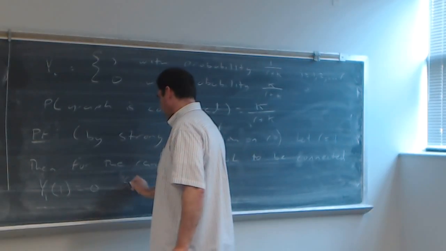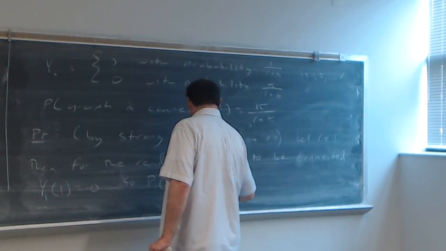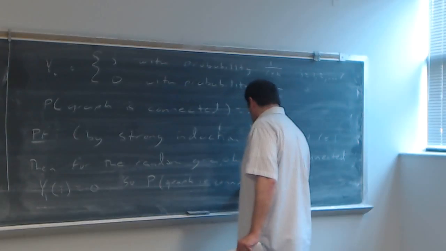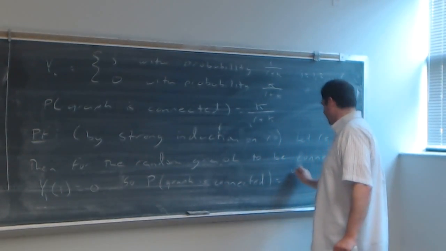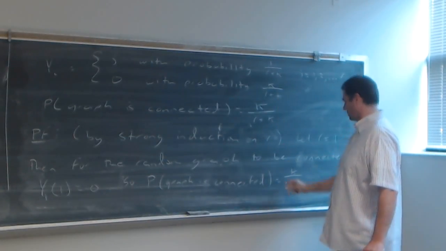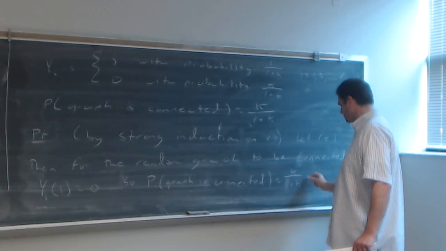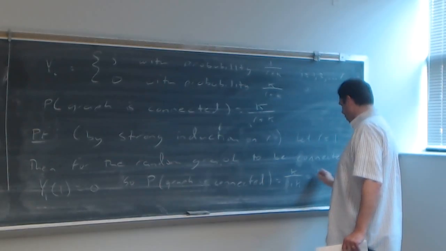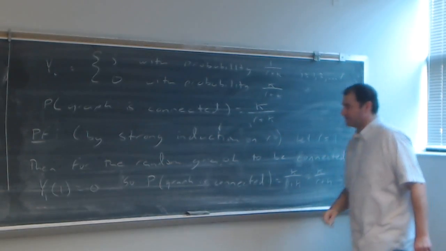So the probability that the graph is connected is K over 1 plus K, which is equal to K over R plus K, which is what we said the answer should be.